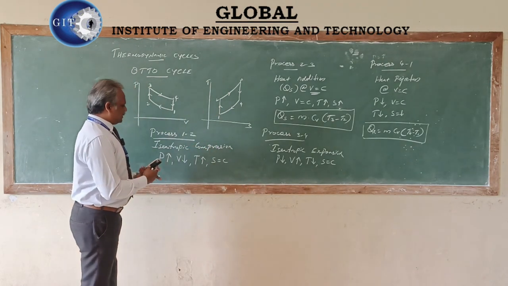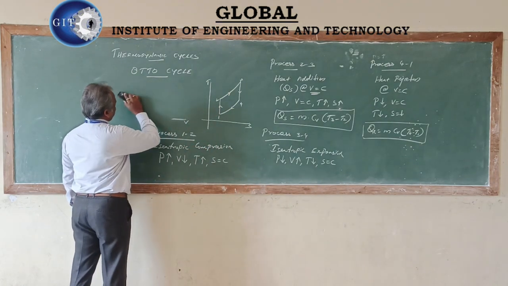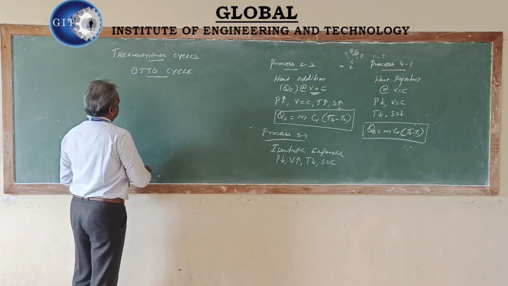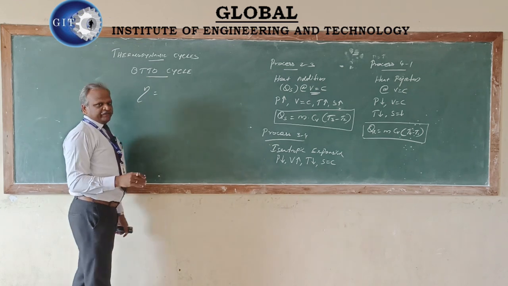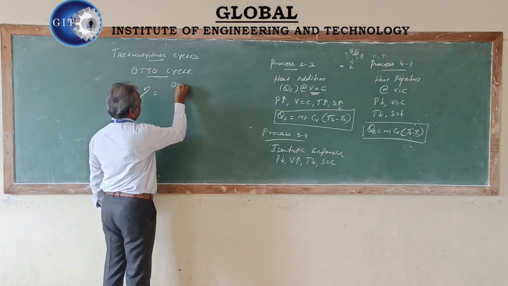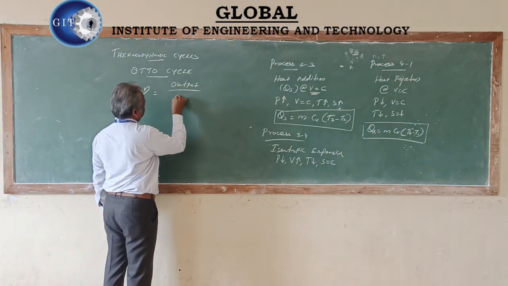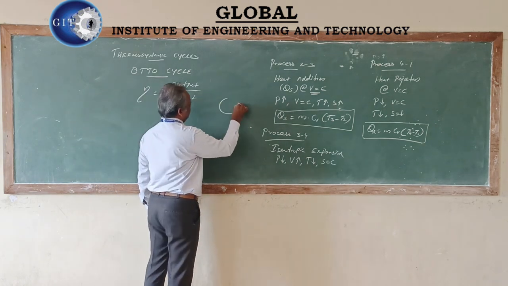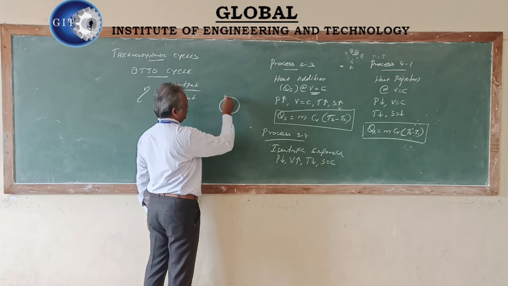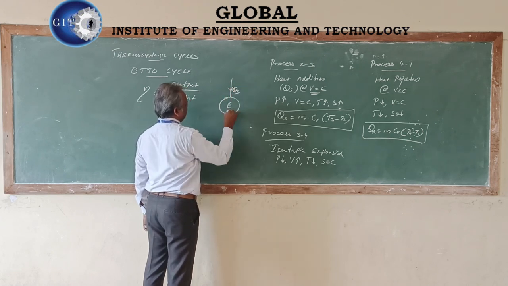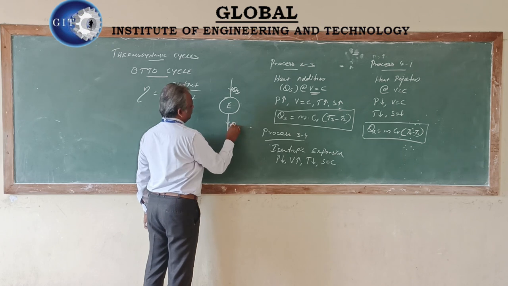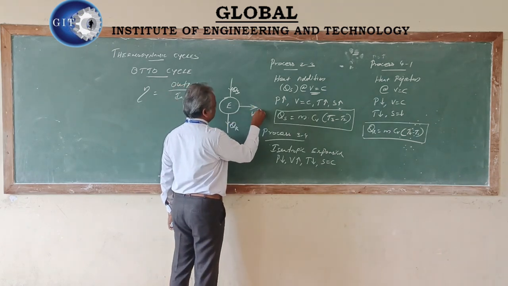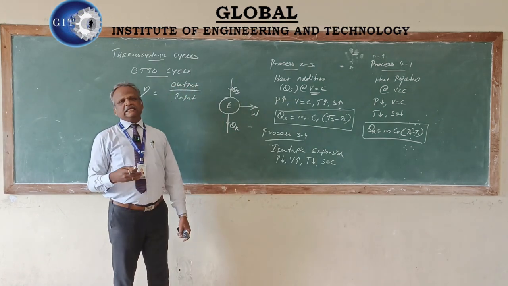Now we are going to deal with the efficiency of the Otto cycle. As we know from the universal formula, efficiency is always output by input. Let us assume this is the engine or the cycle. We supply heat as input, and some of the heat gets rejected. The engine converts the remaining heat into work done.